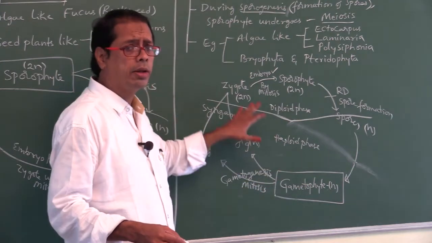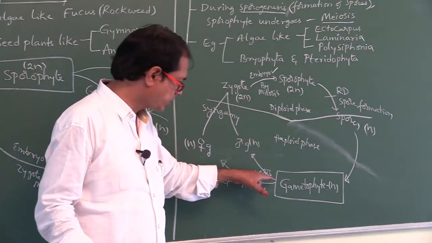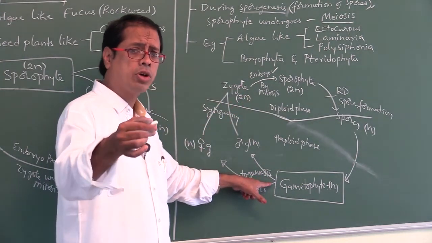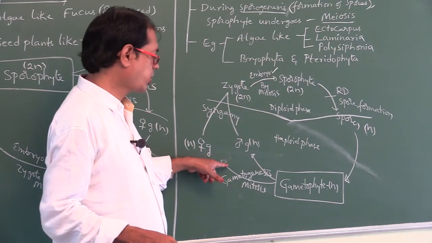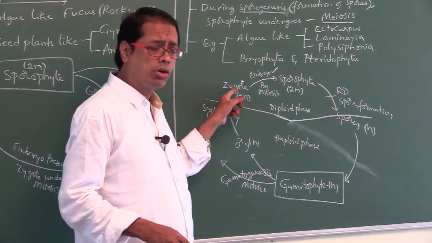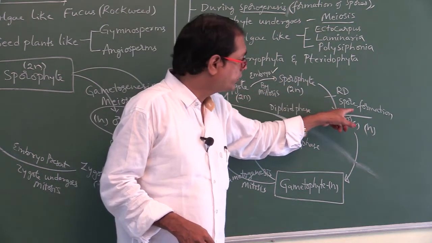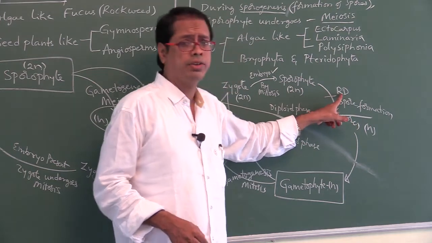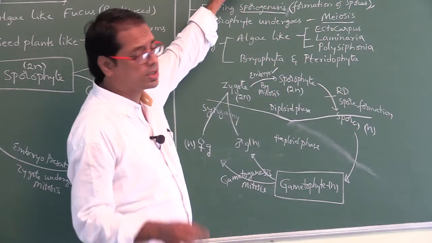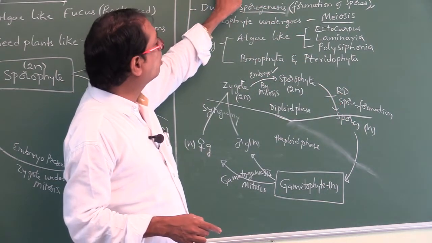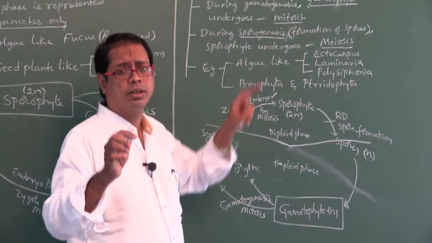So in haplodiplontic life cycle, dominant phase is gametophyte. During gametogenesis, which division occurs? Mitosis. Zygote undergoes mitosis. During sporogenesis, meiotic division occurs. What are the points? Dominant phase is gametophyte.